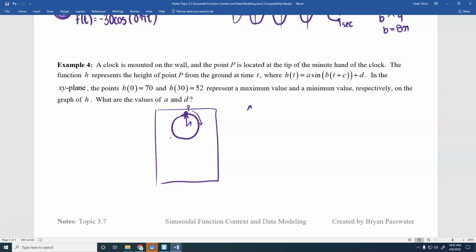So if we think of this graph right here, put our x-axis down here, we've got the point 0, 70 right here. And then over here, we've got the point 30, 52.